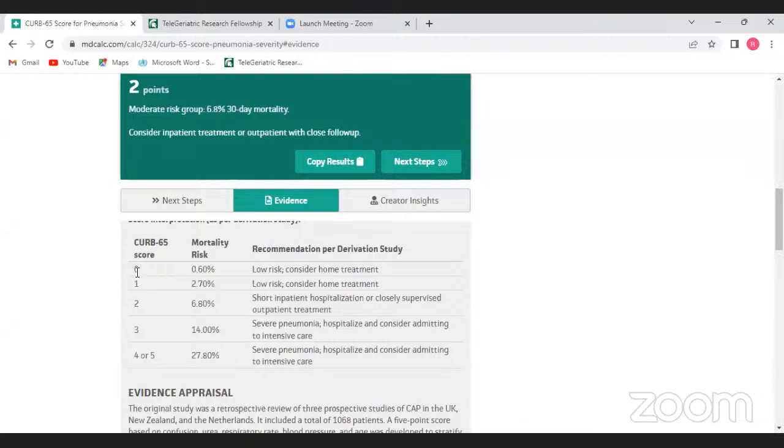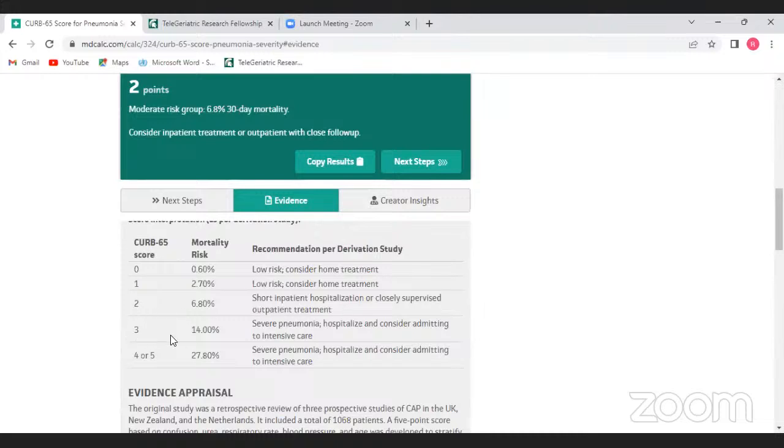So if the patient has a score of 0, this gives 0.6% mortality risk. And if he has a score of 1, the mortality risk will be 2.7%. Both these scores put the patient at low risk, and we should consider home treatment. A score of 2 gives a mortality risk of 6.8%, short inpatient hospitalization or closely supervised outpatient treatment.